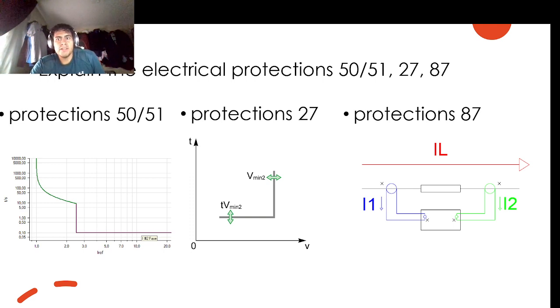And the protection 87 is an input and output tracking system that can indicate a loss and identify any faulty components. It verifies that the inputs and the outputs are the same.